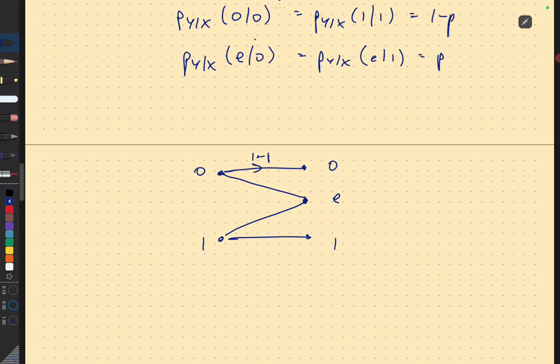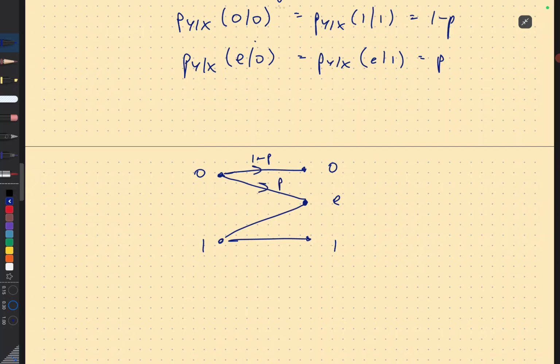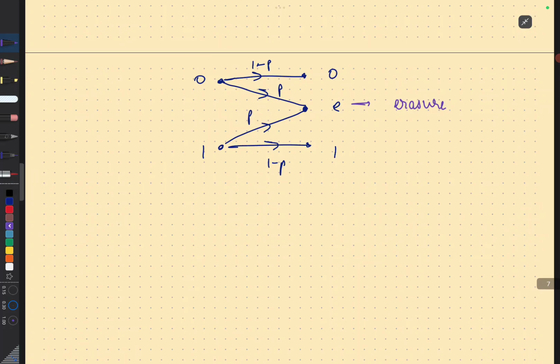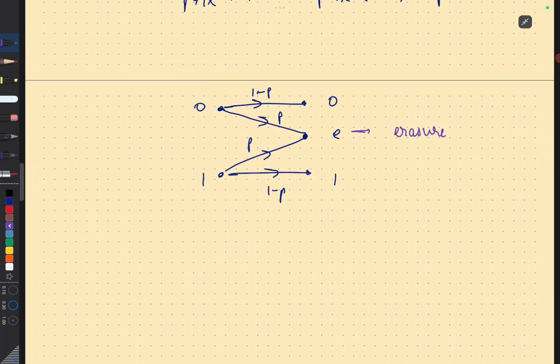If you transmit a 0, you receive a 0 with probability 1 minus P, and you receive erasure with probability P. If you transmit a 1, then you get an erasure with probability P, and you receive a 1 with probability 1 minus P. So this is the erasure symbol. Any questions so far? Okay.